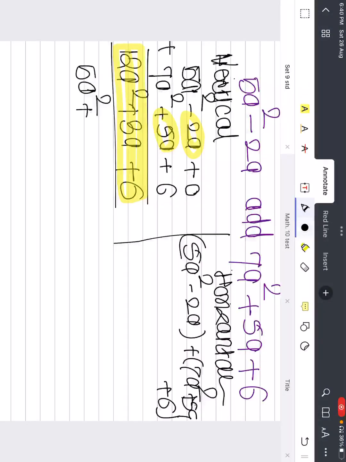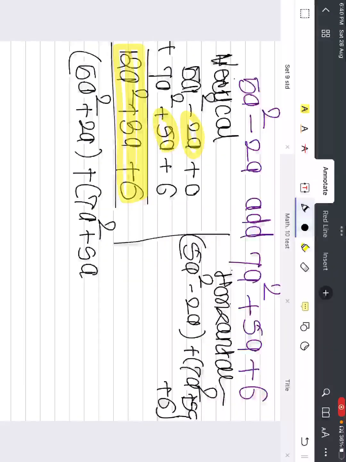We are adding this term with 7a square plus 5a plus 6. Clear?